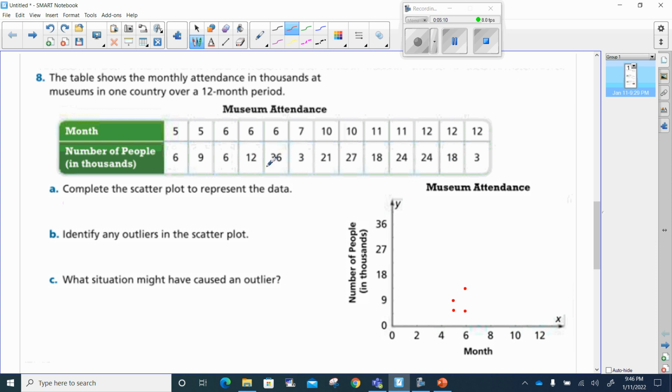Then I got 6 and 36. So 6 and 36 would be way up here. And I got 7 and 3, so 7 would be here. 3 would be way down here. And I got 10 and 21. So 10 would be here, and 21, if that's 18, probably about here.